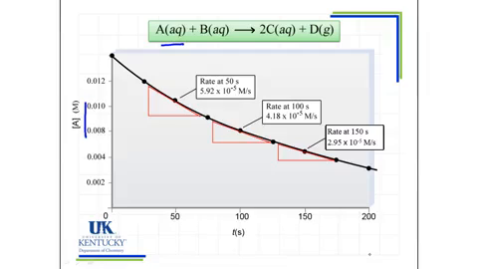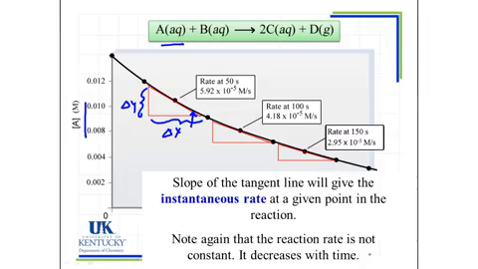So this little red line here is its tangent line, and if we do the change in y over the change in x, we can determine the rate at that instant in time. Okay, so that's the slope of the tangent line. It gives you the instantaneous rate, and again we will see that these are not the same value. As time is going by, the rate is decreasing, but we have a value at that instant in time.